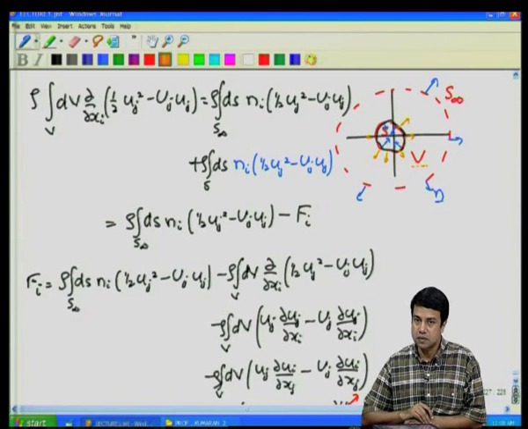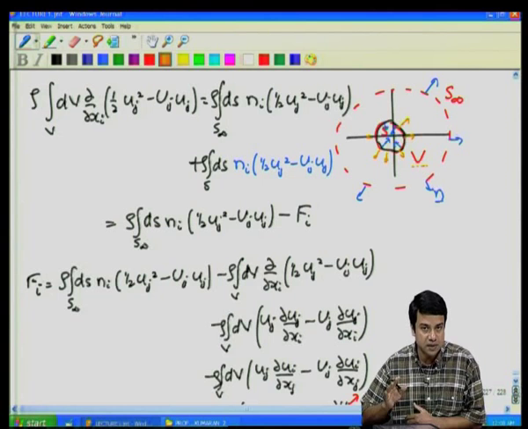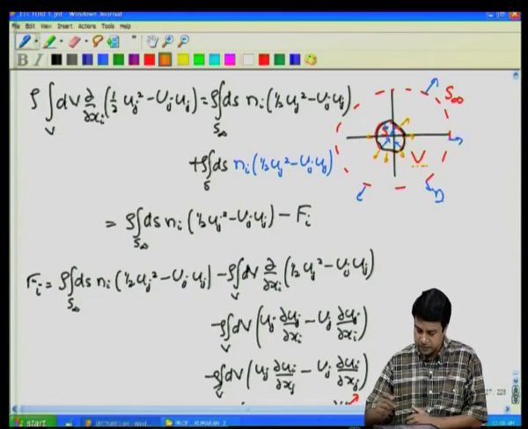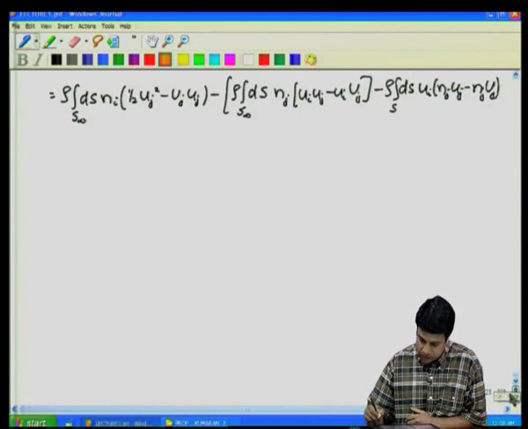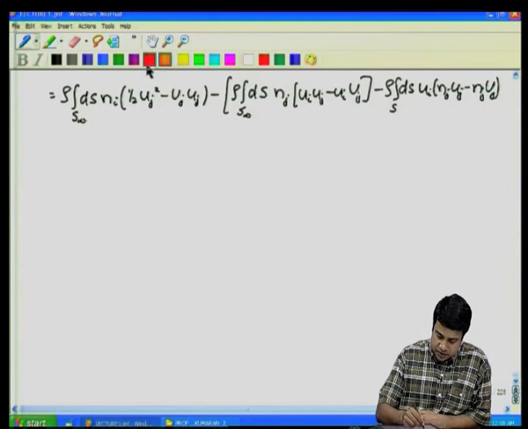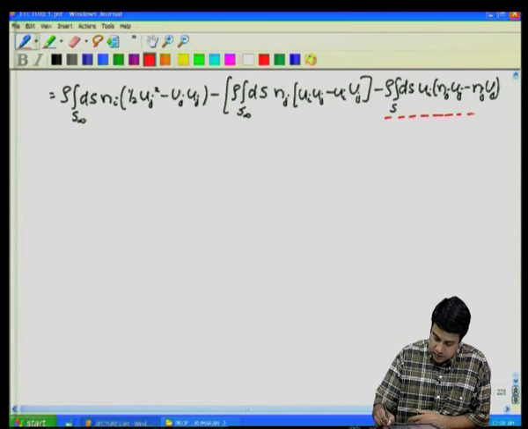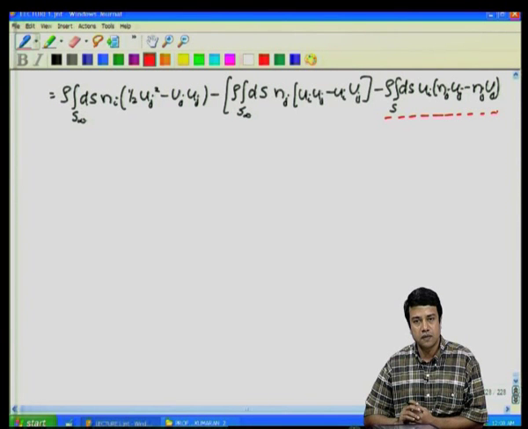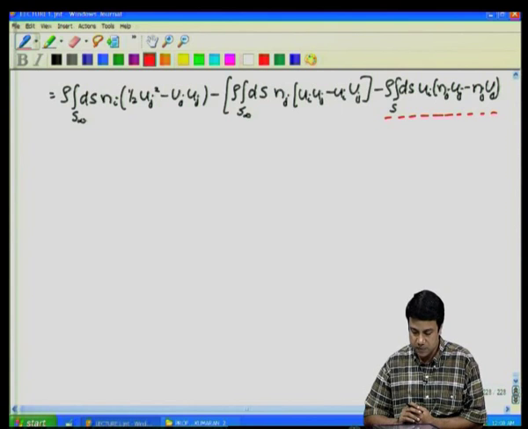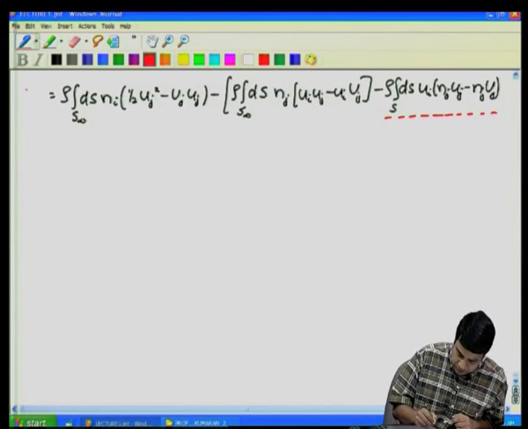There are two surfaces, one surface at infinity and one surface on the surface of the object. This is an integral over the surface of the object, as you can see. Integral of nj small uj minus nj capital Uj times ui over the surface. This is equal to Fi.